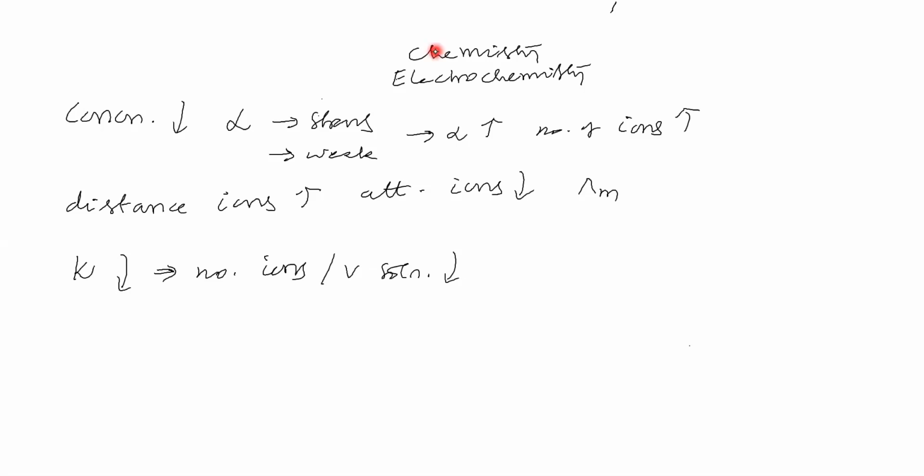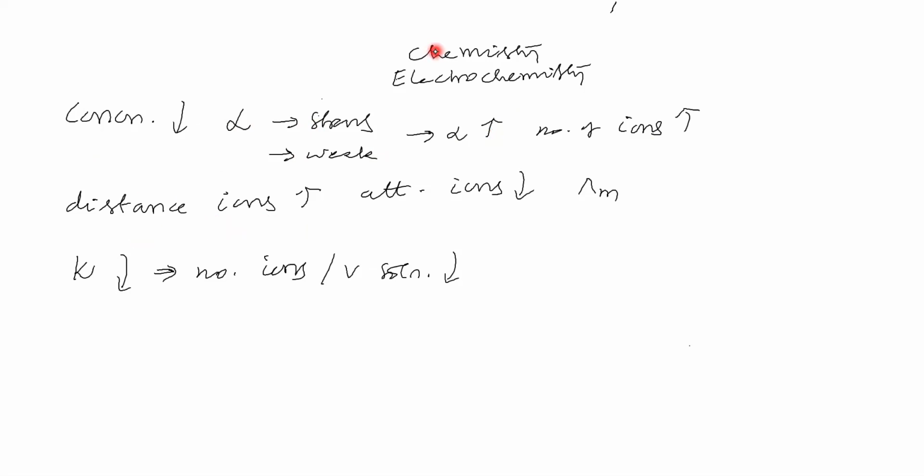So you are decreasing the concentration. On decreasing the concentration, alpha increases for a strong or weak electrolyte, whatever the electrolyte. Due to the increase of alpha, the number of ions increases. Then the distance between ions increases, because a more quantity of solvent comes in between the ions.